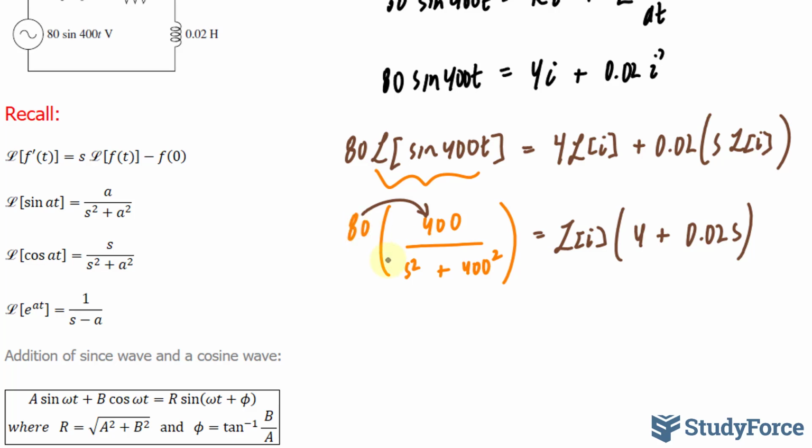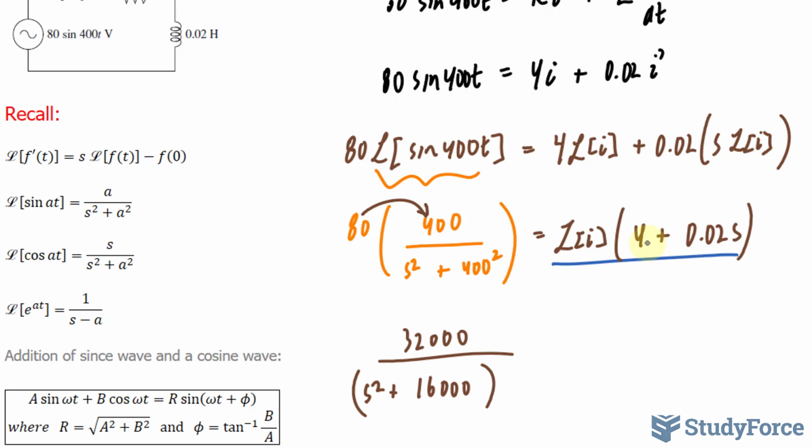Firstly, 80 times 400 is 32,000, over s squared plus 400 to the power of 2. Having divided the right side by this expression, you need to place it here too. 4 plus 0.02 s is equal to the Laplace transform of I.